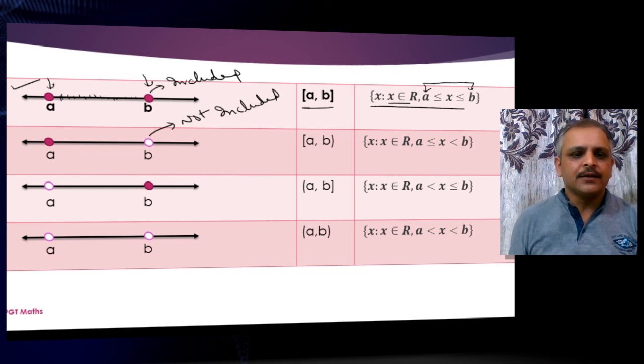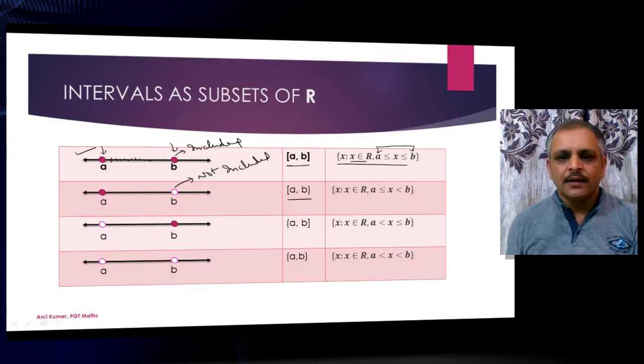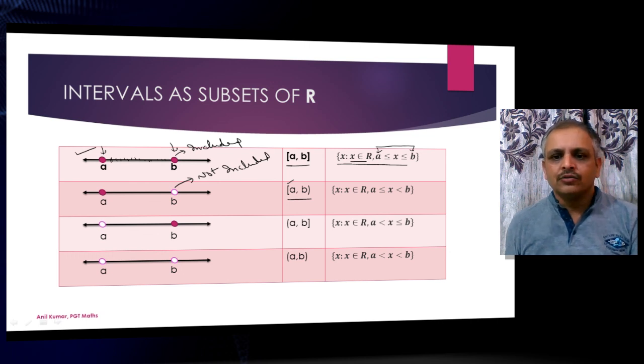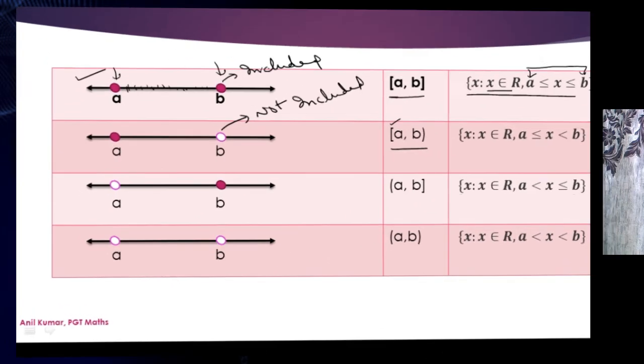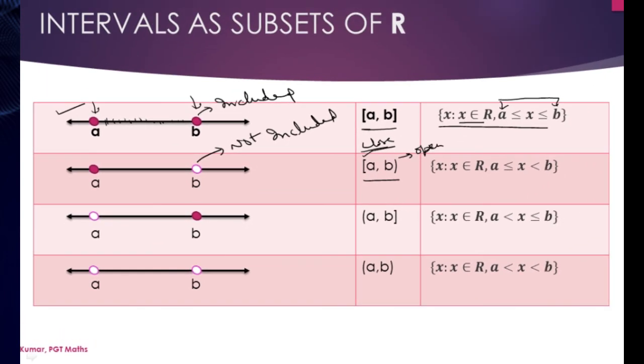And in the second example, one side has a closed bracket and the other side has the open interval. So the square bracket represents the closed part and the round bracket represents the open part. Open part means this particular number B is not included.